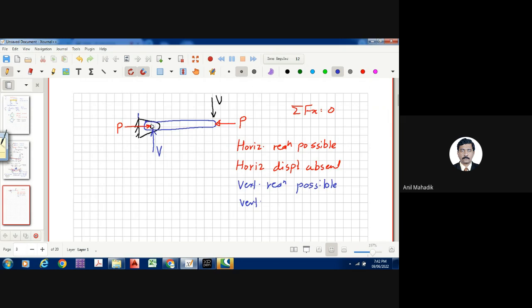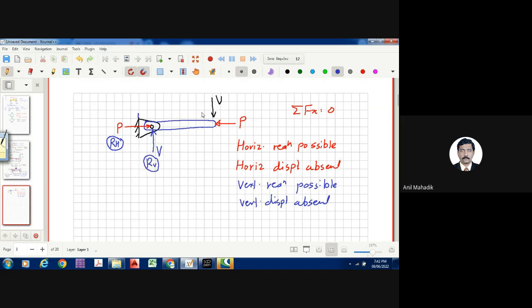This point will not move down. So this rod portion will not move down at the support level. Will it go down? No. So vertical displacement is absent. So I can write this P as whatever reaction. This is the horizontal reaction. I can name it the horizontal reaction RH. Let's say this P value is RH and this is RV. Just technical terms I want to write here.